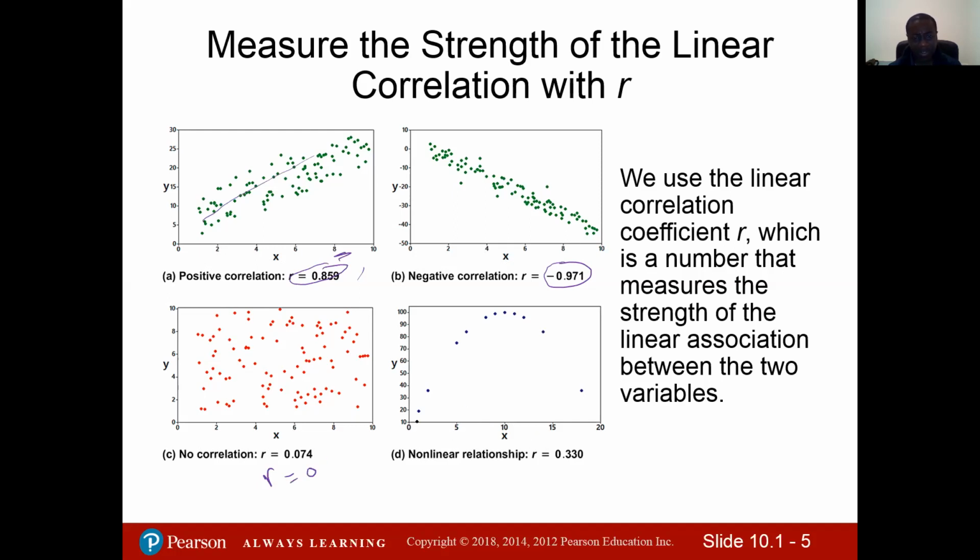And then the one at the bottom right looks like a parabola, but there's a small linear correlation between the two variables x and y. So looking at the scatter plot sometimes will not really tell whether there is a linear correlation unless you perform a statistical test. That's why it's important to test linearity between two variables.